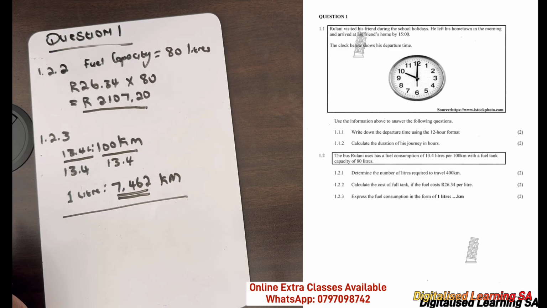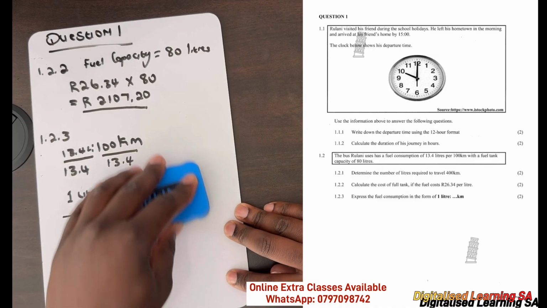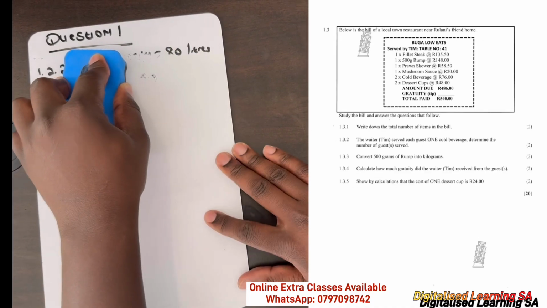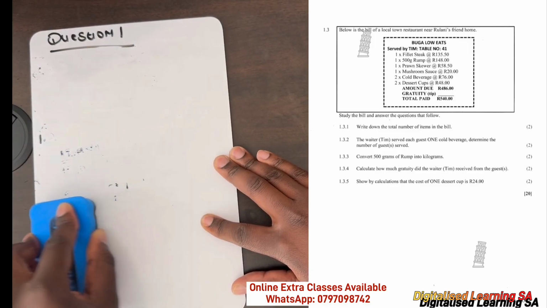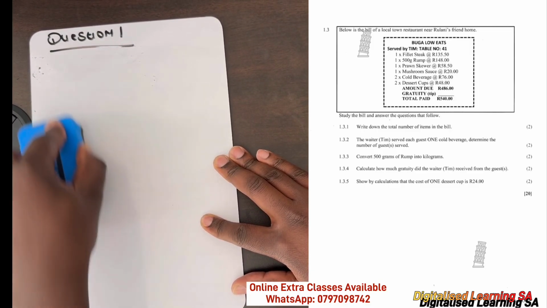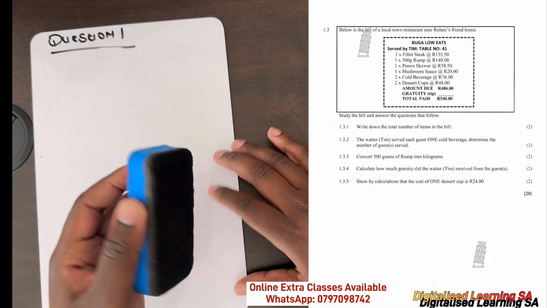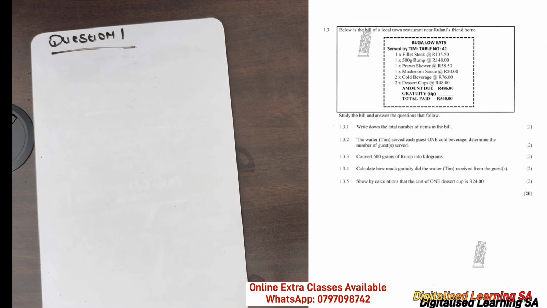Now let's move to question 1.3. We also have a different set of questions. So maybe before we start with question 1.3, we can just create space so that we don't have to create it again, and we'll be able to answer everything.